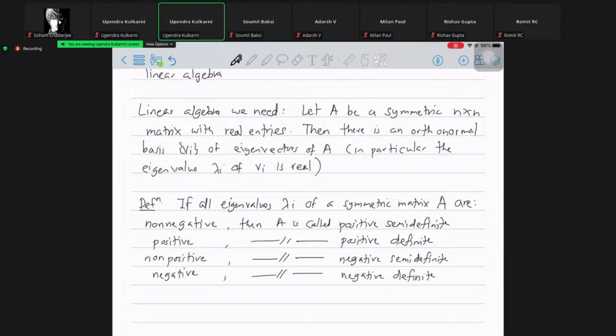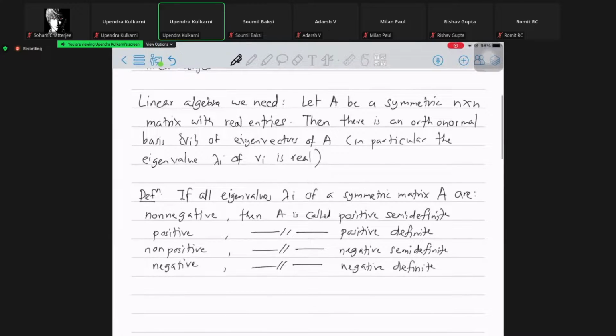Okay, so here is a nice criterion, an equivalent description of when a matrix is any one of these kinds. So I'll just write down one of them and the rest are parallel.